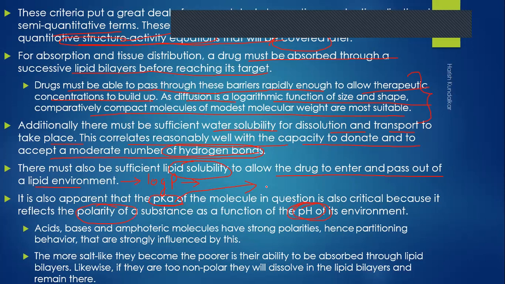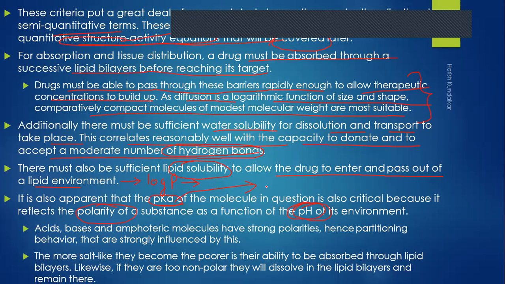And we all know that the lower the value of the pKa, the more acidic the molecule is. The higher the value of the pKa for the given molecule, the molecule will tend to be less acidic. Less acidic, in other words, correlates to being more basic. But since we are talking of pKa, the acid dissociation constant, we should be talking only about the acidity.